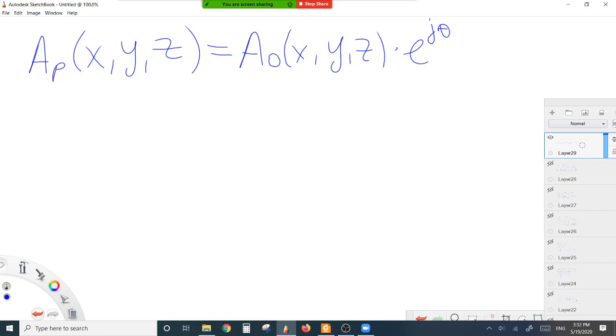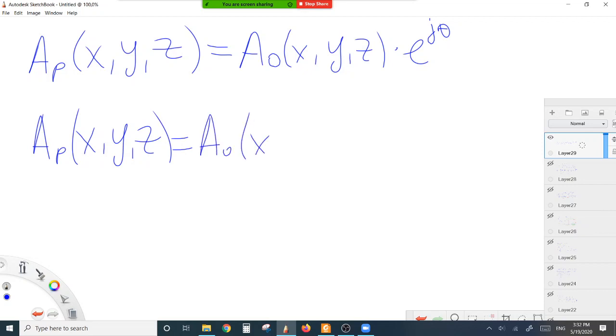This can also be written as Ap(x, y, z), showing the amplitude and the phase theta.